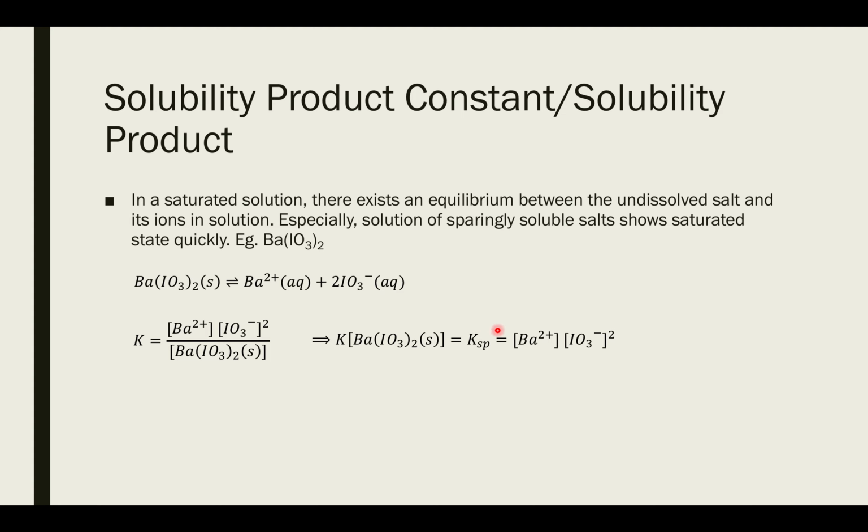So Ksp you can define as the product of molar concentration of ions in a saturated solution. This is what we define as solubility product, and we talk about solubility product especially in sparingly soluble salts, and in saturated solutions this particular topic comes into the picture.